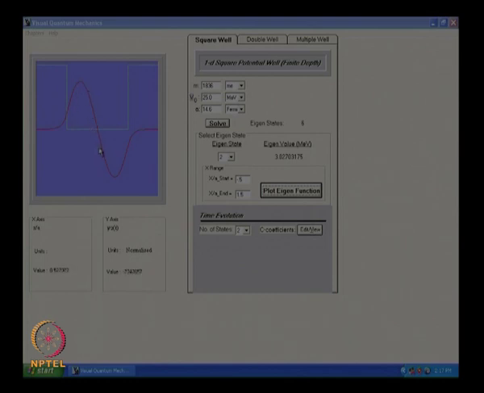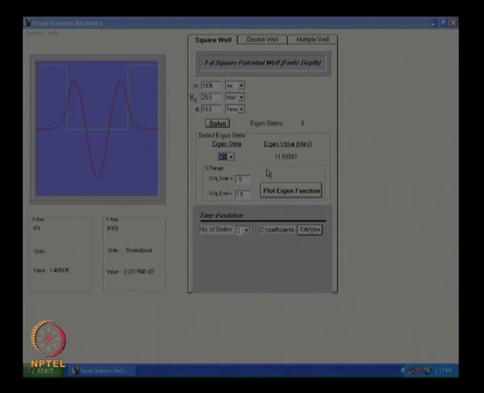Inside the well it is a sine function, and outside the well it is an exponentially decaying function. Similarly, the third eigenstate will have an energy of 6.77 MeV, which will be symmetric. Inside the well it is a cosine function, outside it is an exponential function, and it is symmetric about the center point, because the potential is also a symmetric function of x.